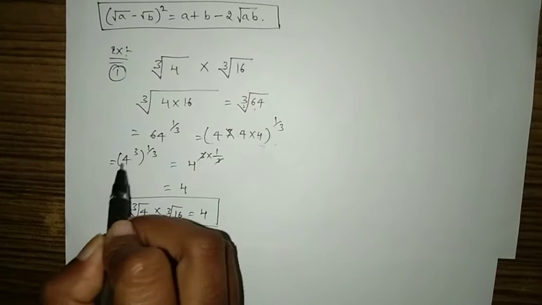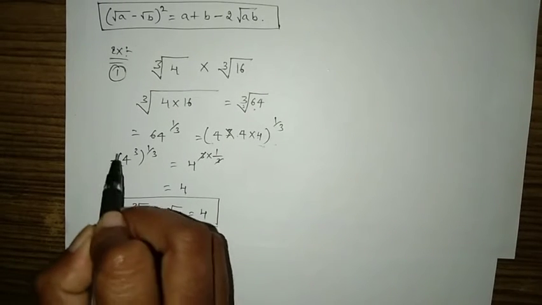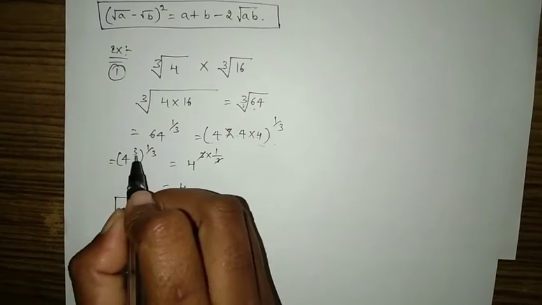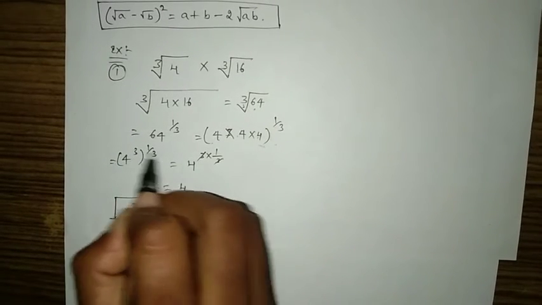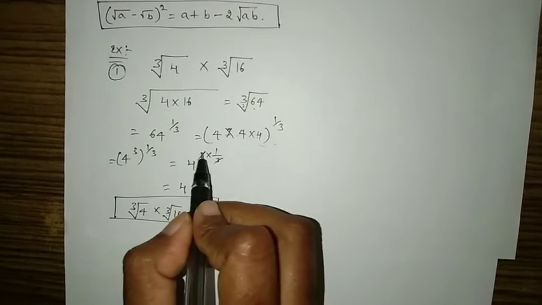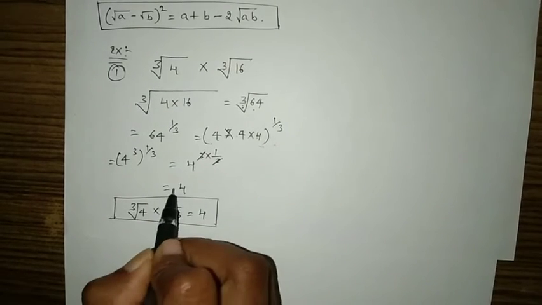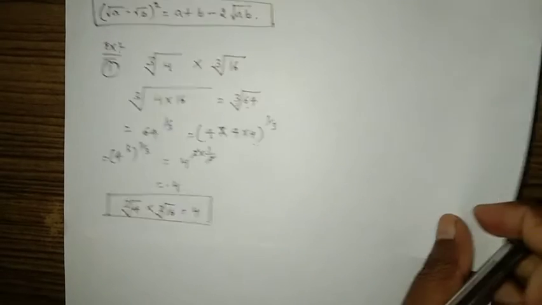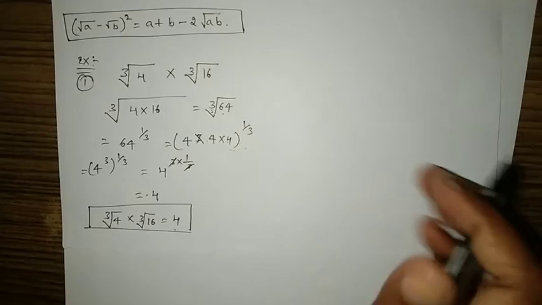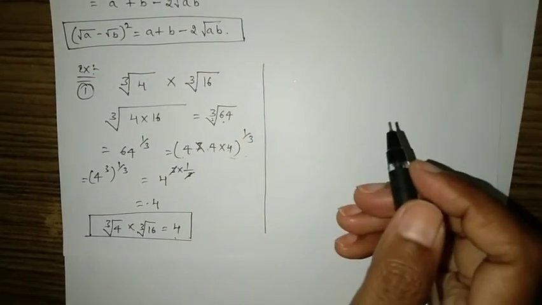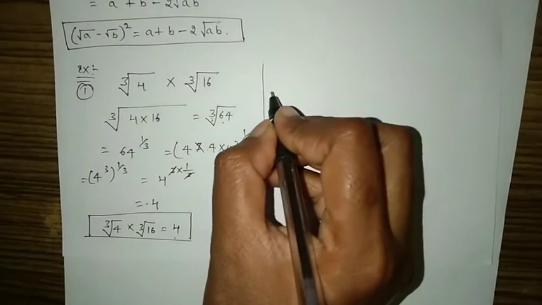This can be written as (4 cube) whole power 1 by 3. That is, we have to take this 3 outside. 3 into 1 by 3, then we cancel this 3, we end up with 4. The 4 is the answer. Similar type I will give another one, or before that, this you can solve in another method also.